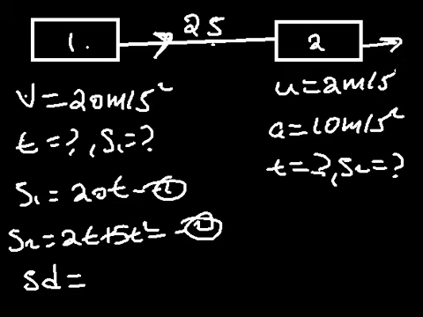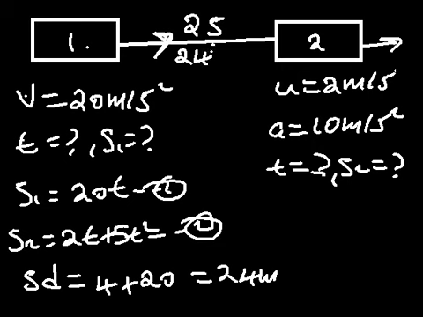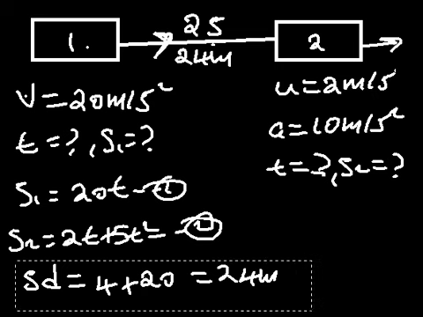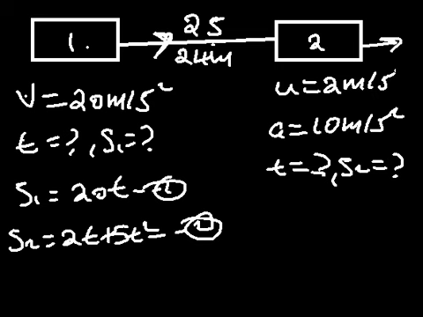Where there is t, we put that time. In that case, we'll have 2 times 2, which is 4, plus 20. That will be given as 24 meters. So 2 seconds corresponds to 24 meters. That's how we find the separation distance if we are given the lagging parameter as time. We substitute the time into the distance formula for object 2.